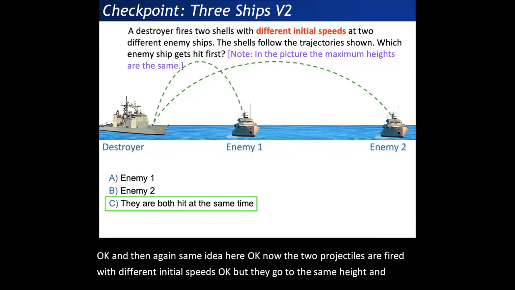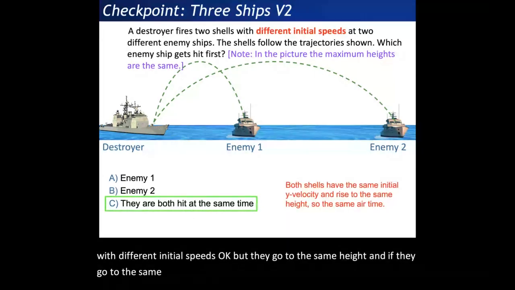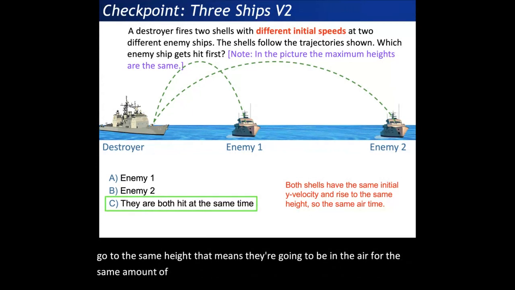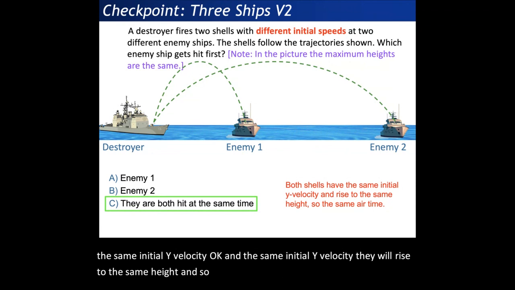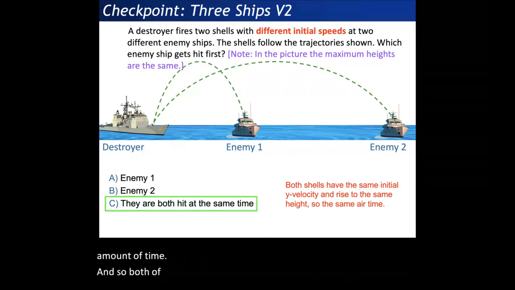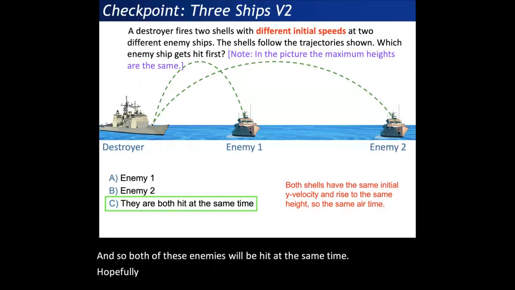If they go to the same height, they have the same initial y velocity, and the same initial y velocity means they rise to the same height and are in the air for the same amount of time. So both of these enemies will be hit at the same time. Hopefully that clarified that somewhat for people who were confused.